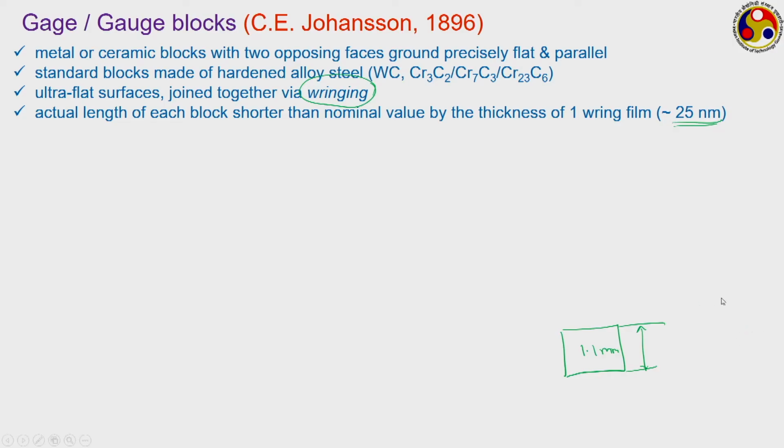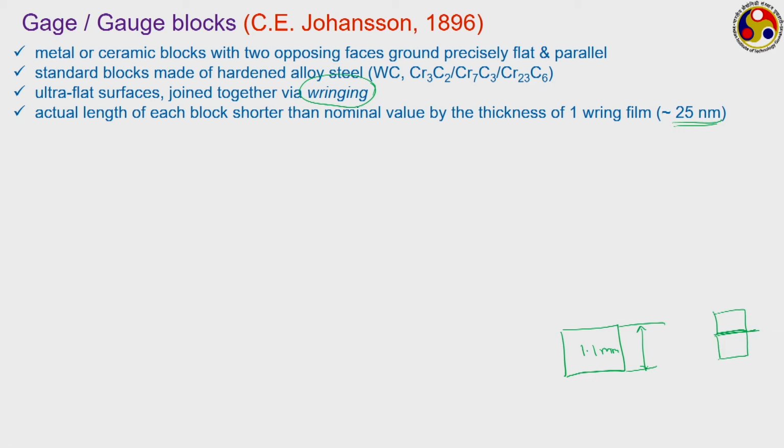Therefore, each block is generally made slightly shorter than the nominal value by the thickness of one ring film, and the thickness of a ring film is very small, about 25 nanometer or thereabout, so that when two blocks are joined together like this, we may have a film of 25 nanometer in between.